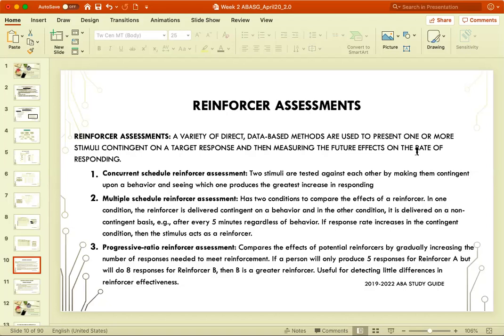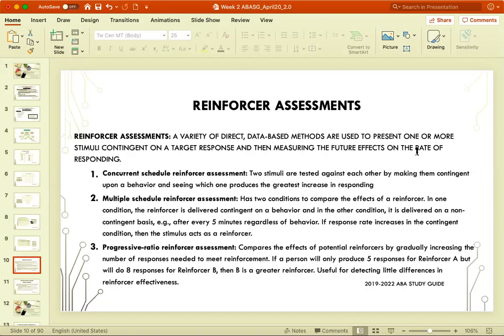Your multiple schedule reinforcer assessments, you have 2 conditions to compare the effects of the reinforcer. So in condition A, the reinforcer is delivered contingent on the behavior. And in B, our second condition, it's delivered on a non-contingent basis. So I might give you a Skittle for every 5 math problems, or I might just give you non-contingent Skittles every 5 minutes, right?